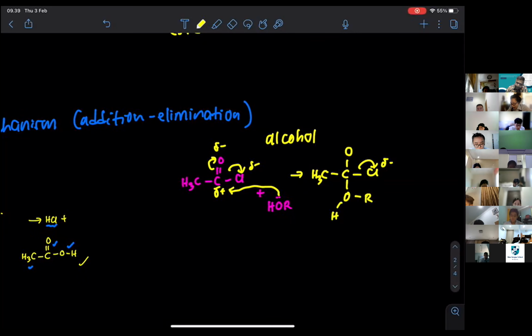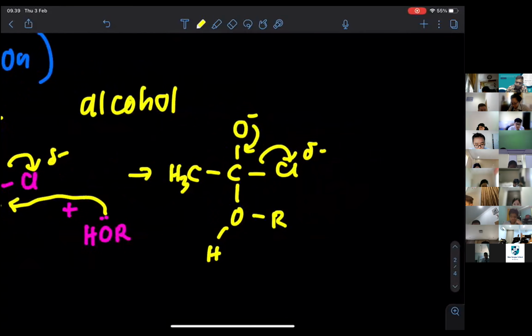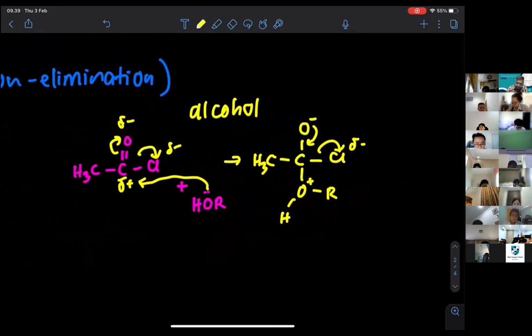So what happens, the negative electron over here will come back to form the double bond. And then this is going to be positive because they donated the electron over here, so this is going to be compensated by these electrons.